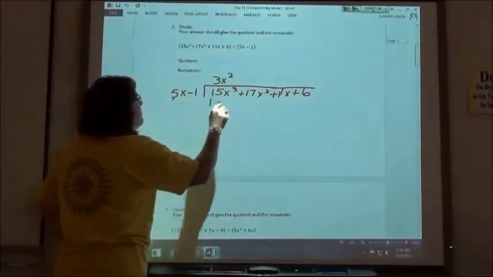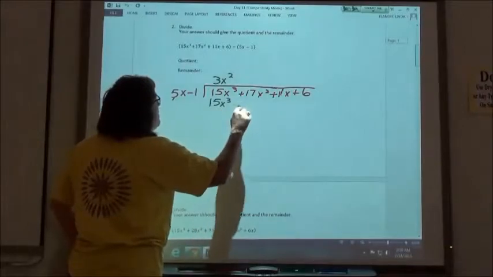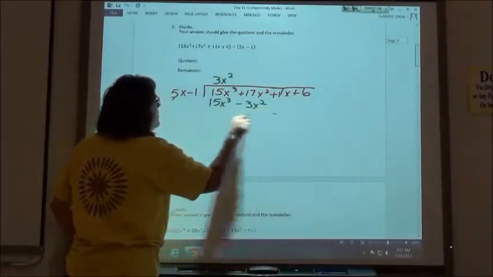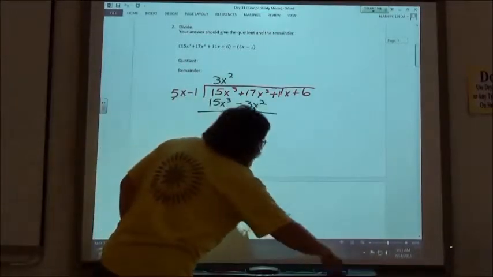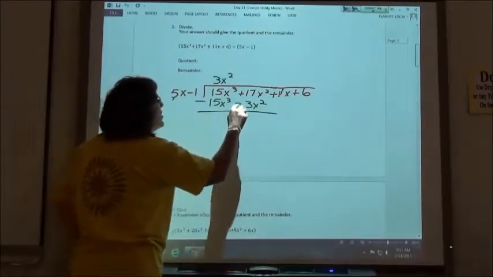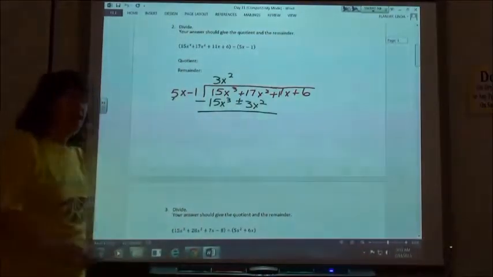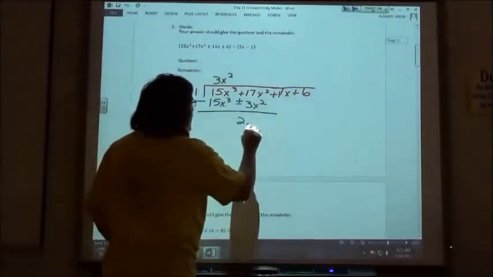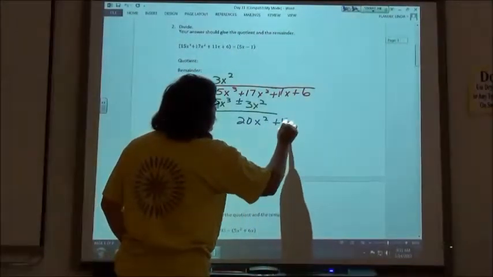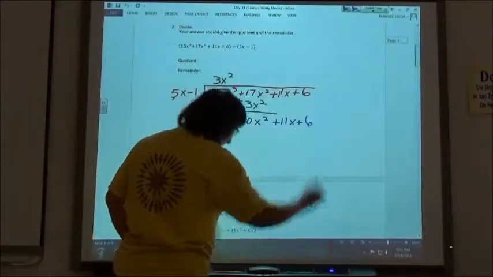We would then get 15x cubed minus 3x squared. But then we have to subtract. So we change our signs, and we're going to bring down 20x squared plus our 11x plus 6.